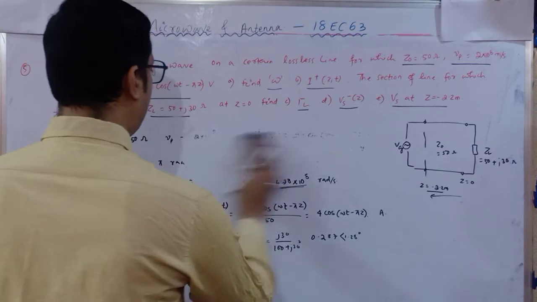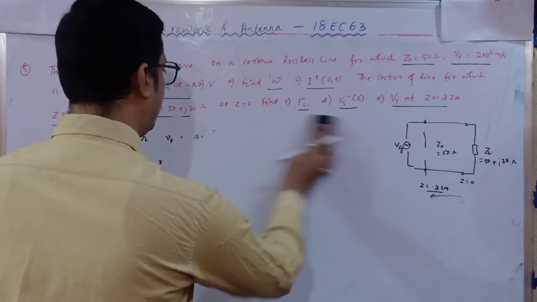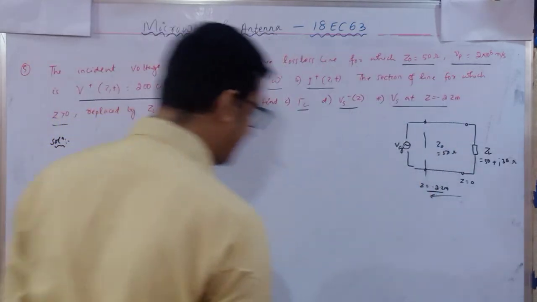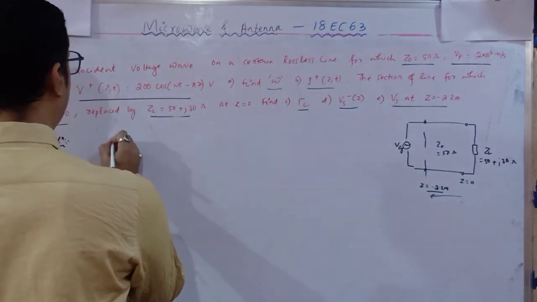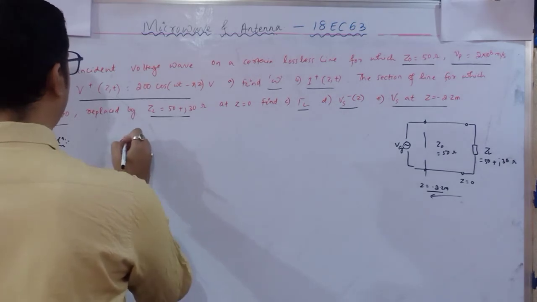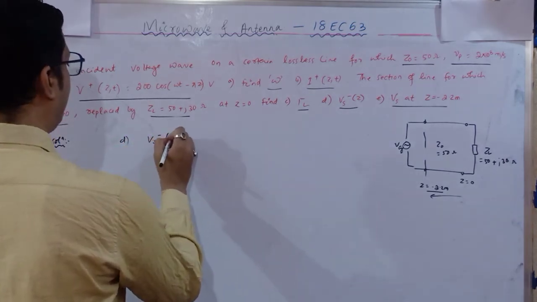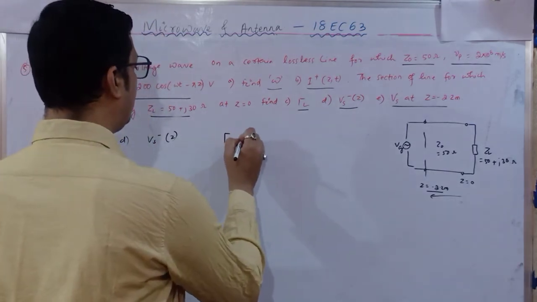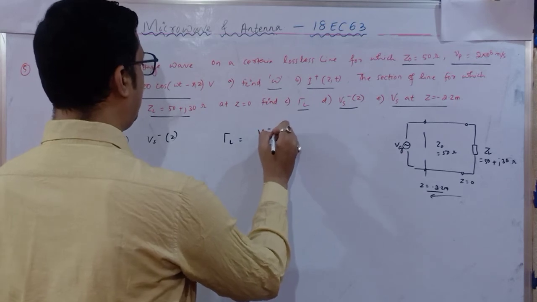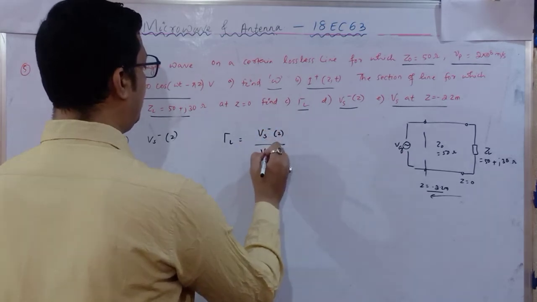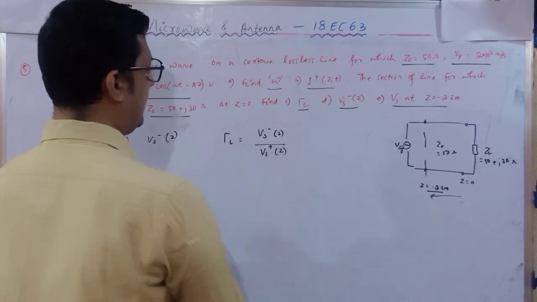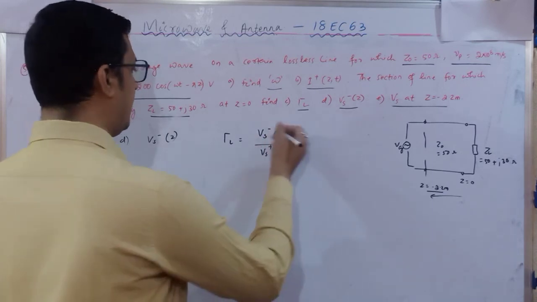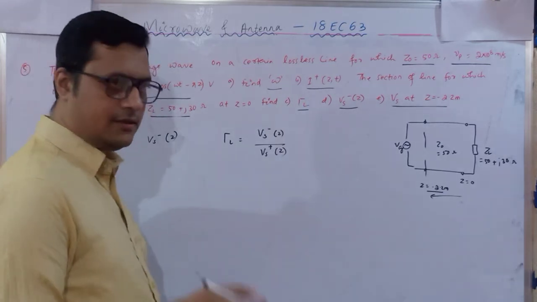So let me erase it. Okay. So you have to calculate Vs minus of z. But the reflection coefficient, we know, is Vs minus of z divided by Vs plus of z, and that too with e to the power j beta z also there, because beta is there, we have to consider it.